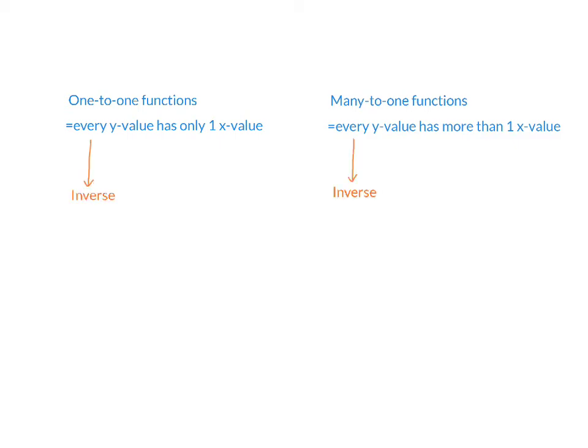But first, I'm going to remind you that inverse means that x and y swap around. So for a one-to-one function, the inverse will now have for every x value only one y value. Whereas for a many-to-one function, the inverse will have, for every x value, more than one y value.